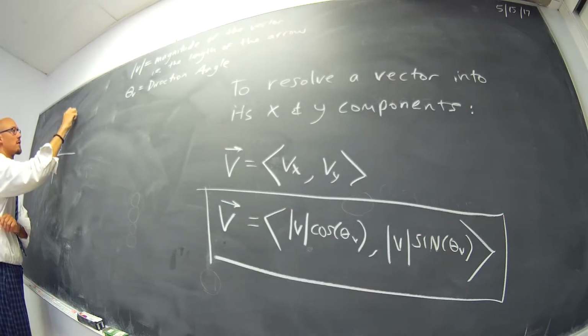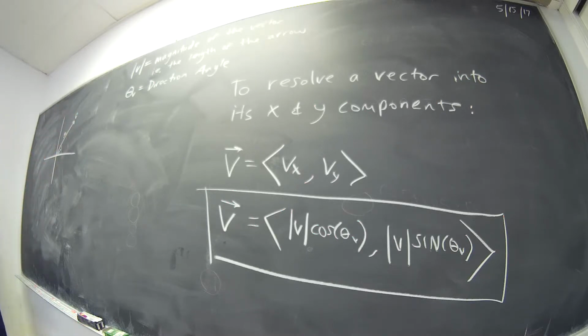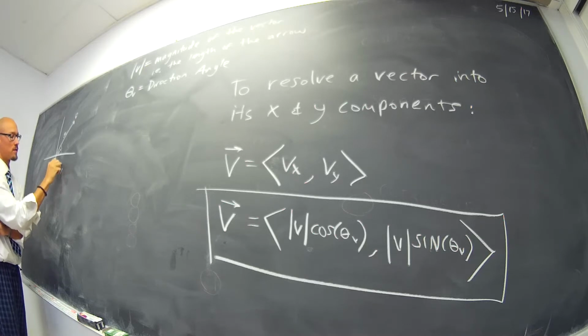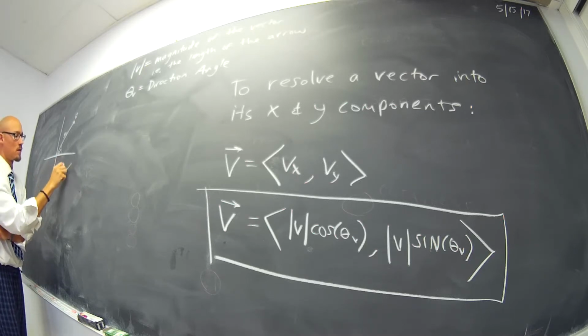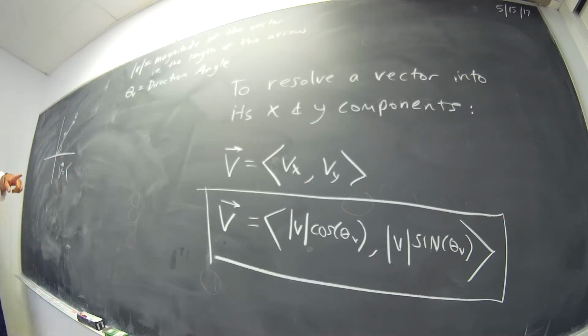Let's call this vector V. If we wanted to break it into its x and y components, we could use our formula. And magnitude would be the 5 meters, right?